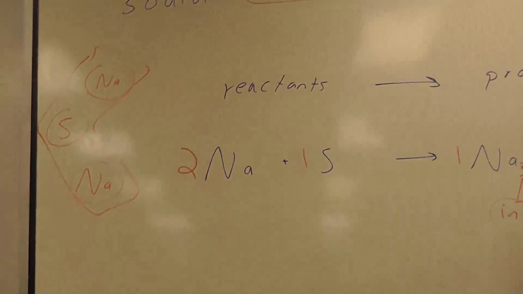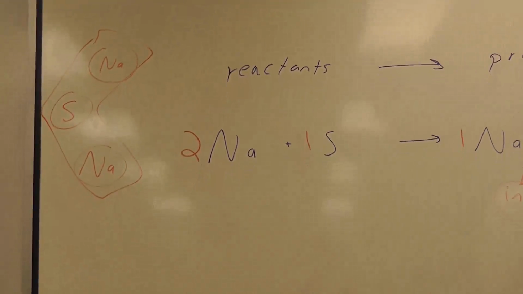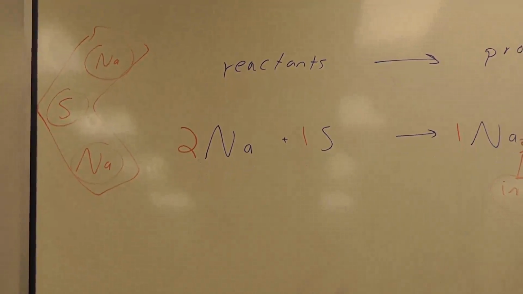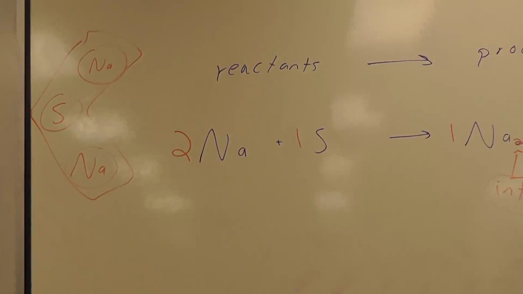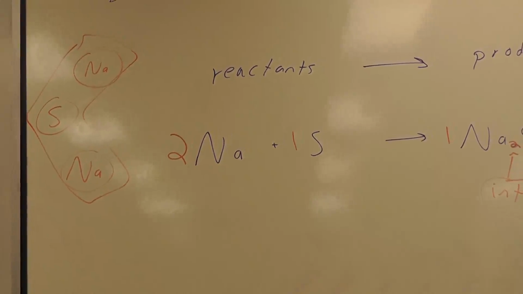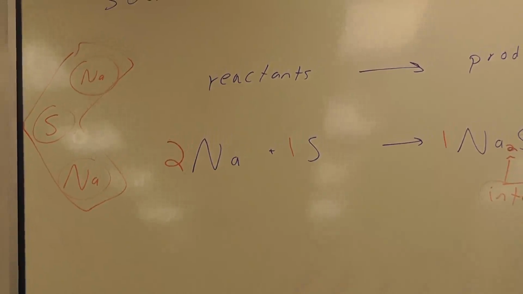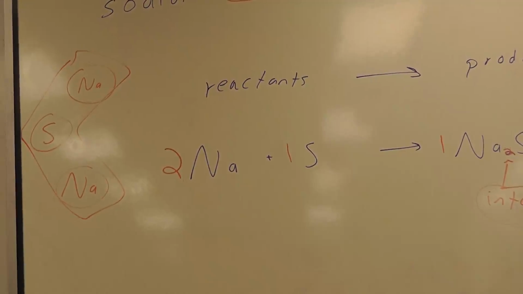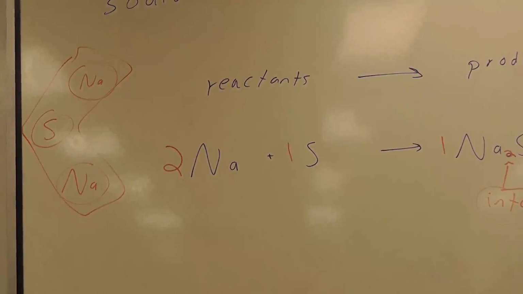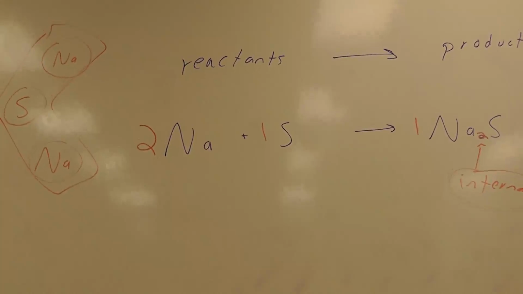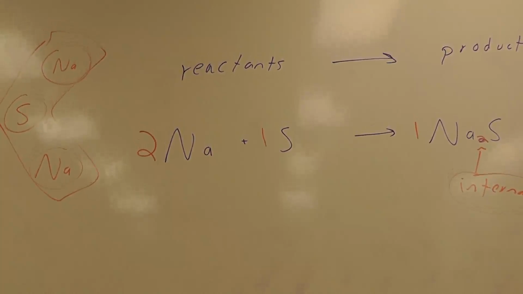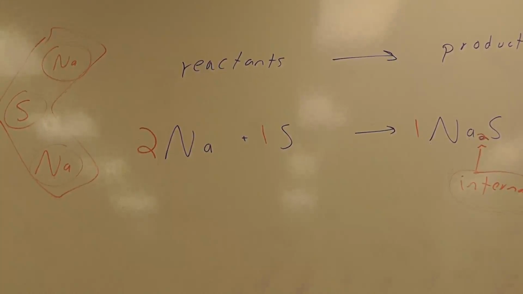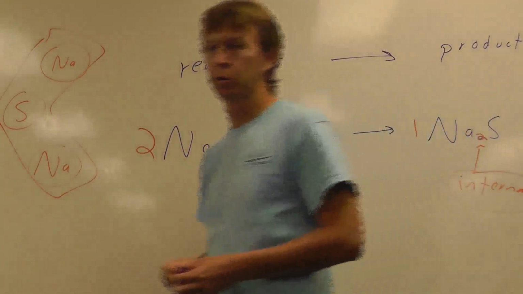Do this one. Aluminum reacts with bromine to form aluminum bromide.